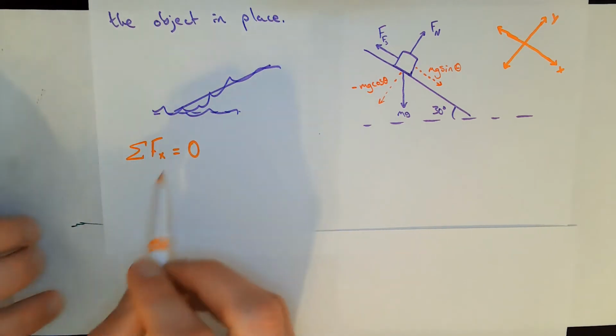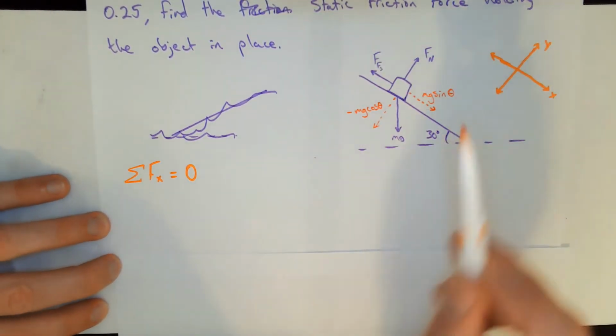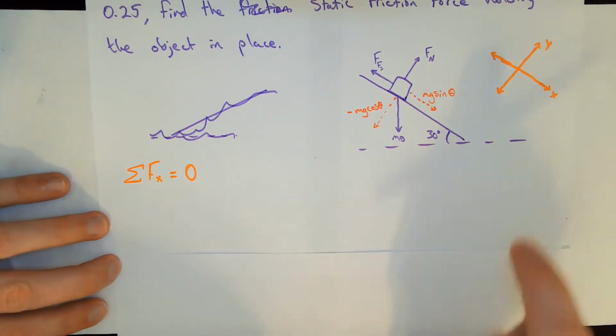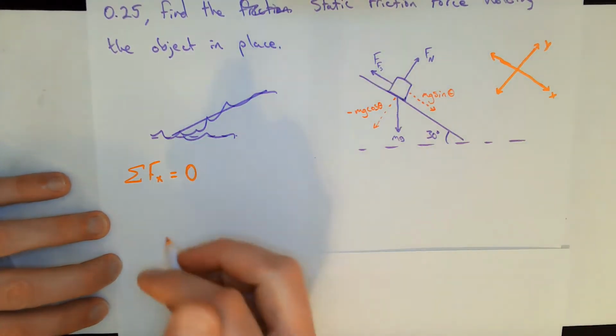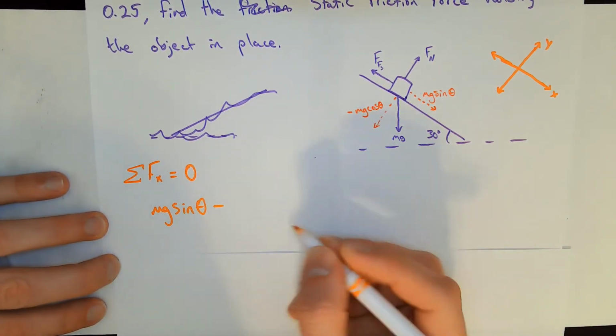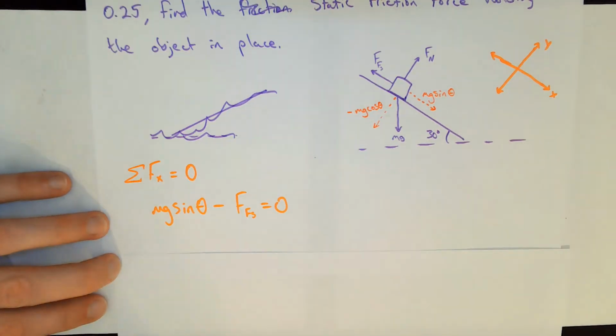All right, so the sum of the forces in the x direction, looking at my picture, this is the x direction. So I've got my mg sine, well, which direction is positive? I'm going to say to the right. So mg sine theta minus that friction force is equal to 0.